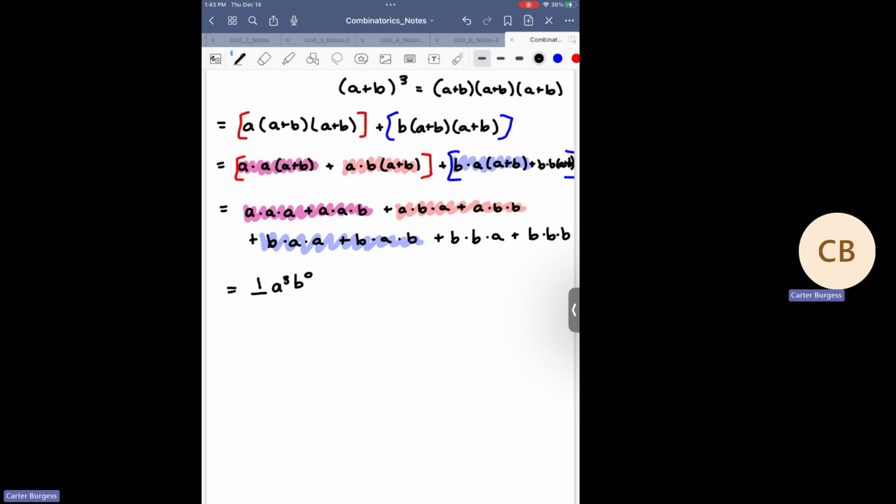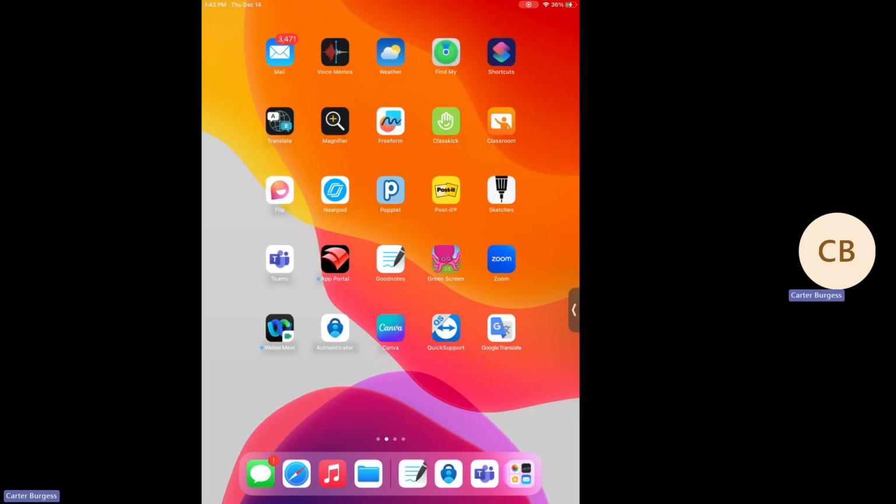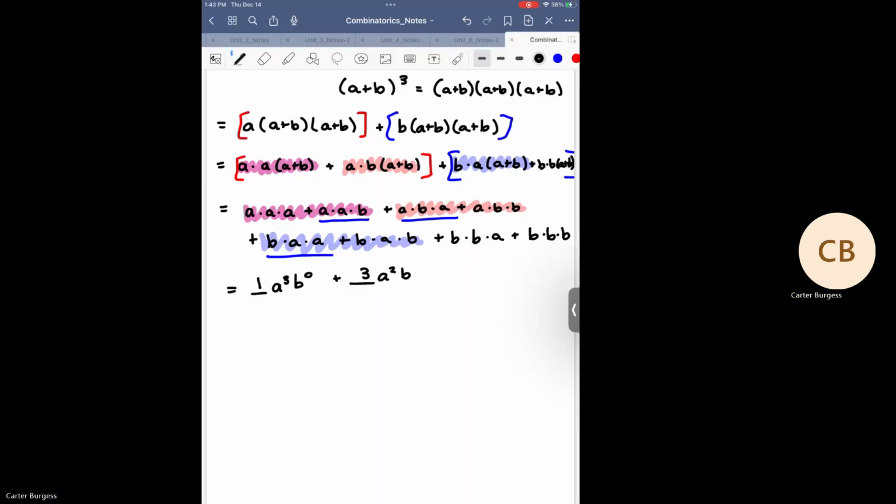How many different ways do we have that we can have 2 A's and 1 B? So we've got one here, we've got one here, and there's one more, just right here. 2 A's, 1 B, for a total of 3 ways to get A squared B to the 1. Again, you generally wouldn't write the 1. I'm doing it to include that we know number of A's, number of B's.